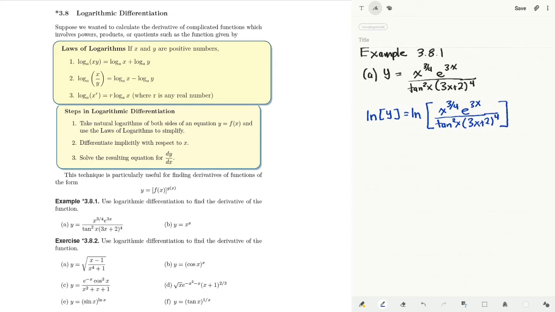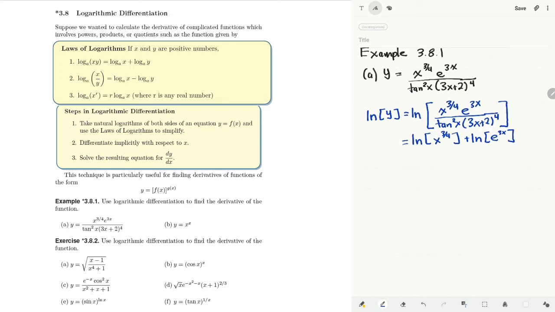So we'll use the first and the second properties to simplify the expression. We have x to the 3/4 times e to the 3x. So using the first law, we get the log of x to the 3/4 plus the logarithm of e to the 3x.